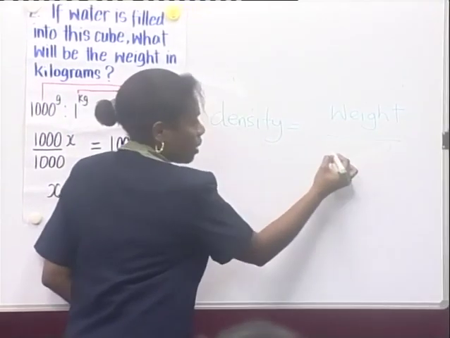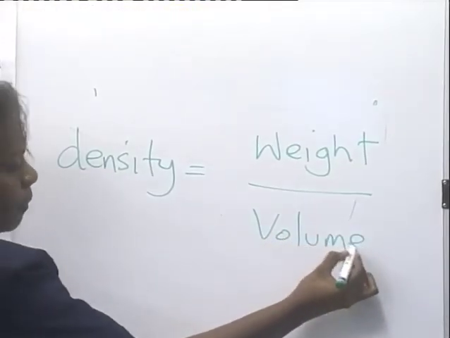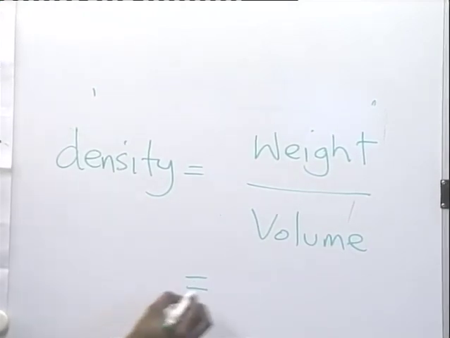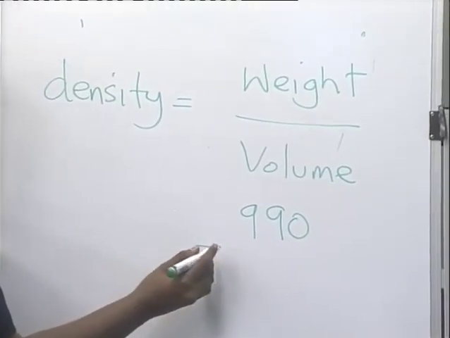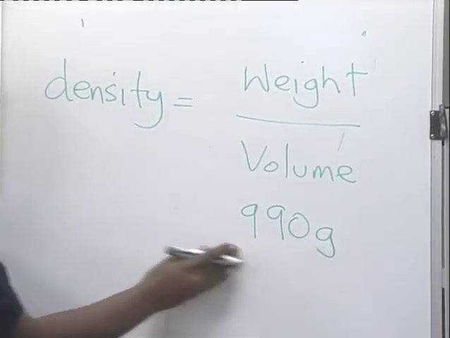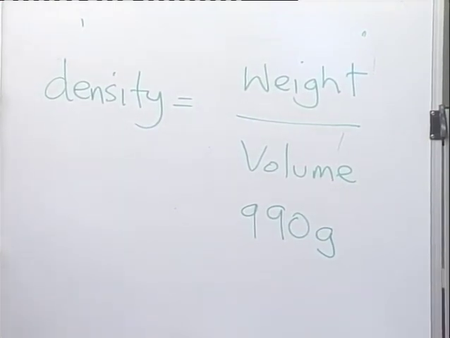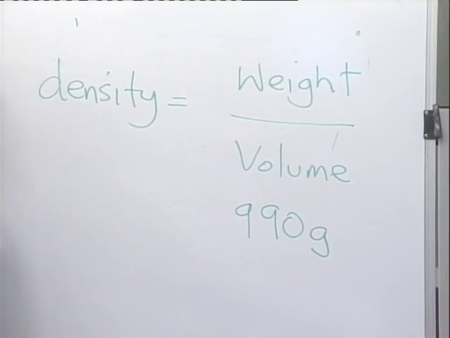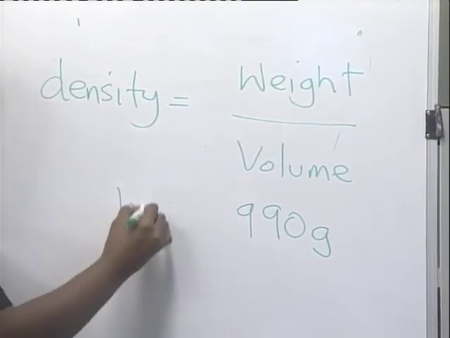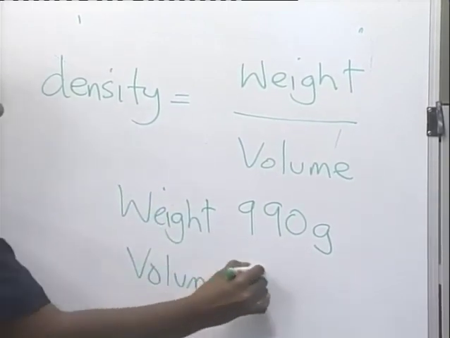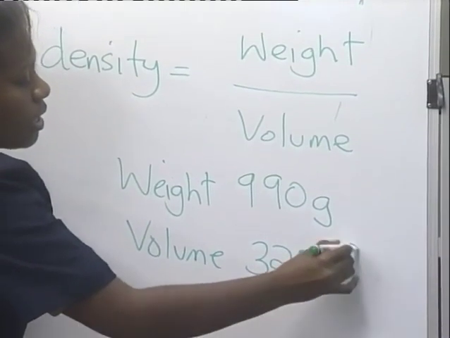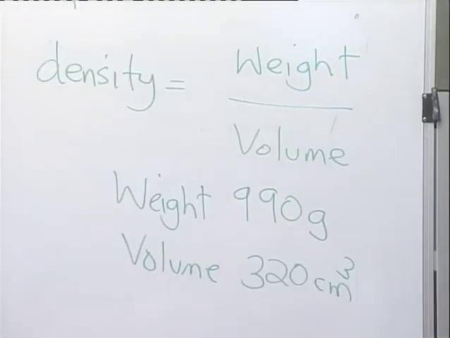All right, the weight was 990 grams. What was the volume? 320 cubic centimeters. Now, I'd like you to work out the density, please, 8Es and receiving students. Work out the density of the rock.